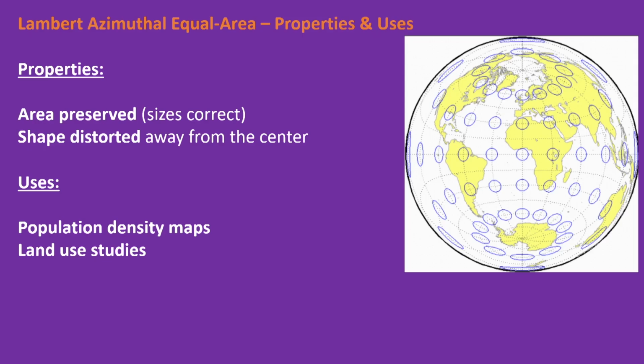Then if you look at the other characteristics of the Lambert azimuthal equal area projection, as I said earlier, it preserves the area, and shapes are distorted away from the center point. If you look at the shapes, here they are retained. If you move away from the center point, they are distorted.